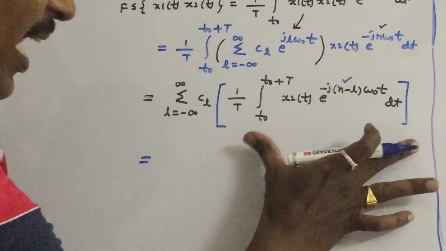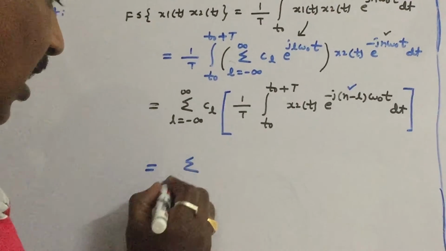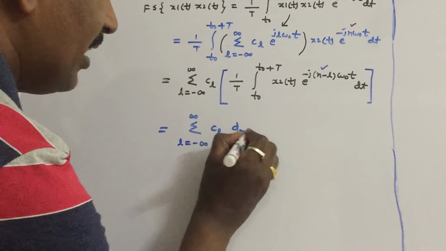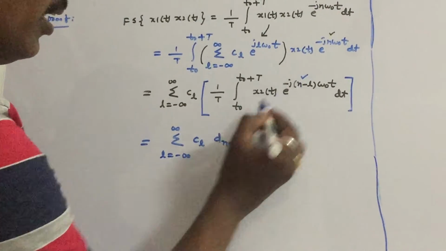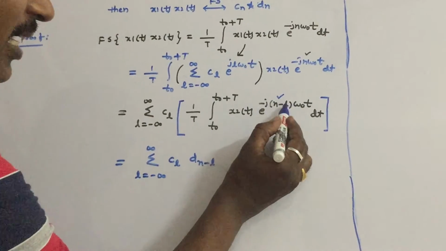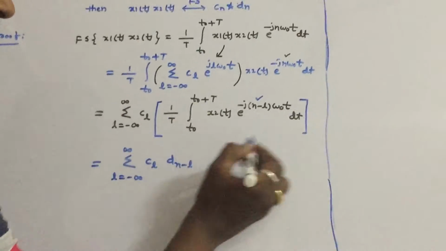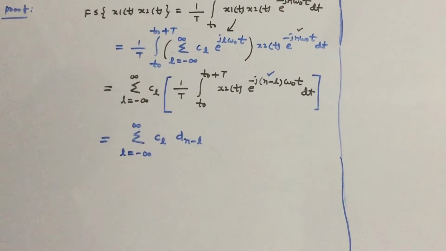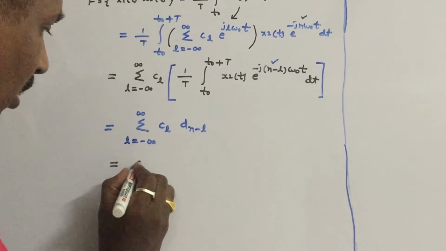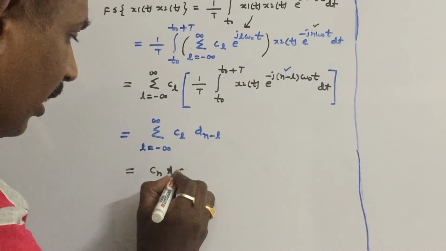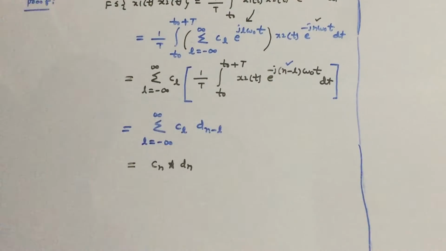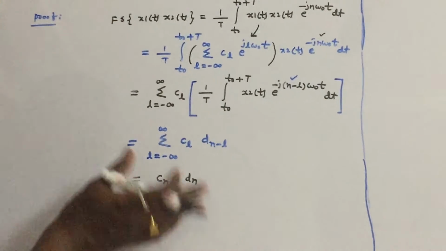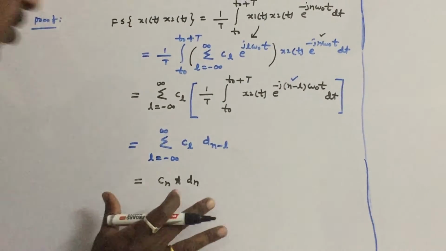So this entire term's exponential Fourier series coefficients are summation L is equal to minus infinity to infinity CL into D n minus L. Because if n is here we can write Dn, but n minus L is there, so this term's coefficients are D n minus L. Mathematically this is written as the convolution of Cn with Dn for discrete signals. Remember that this is the convolution formula for discrete signals. Previously we discussed the convolution formula for continuous time signals. So this is the answer.